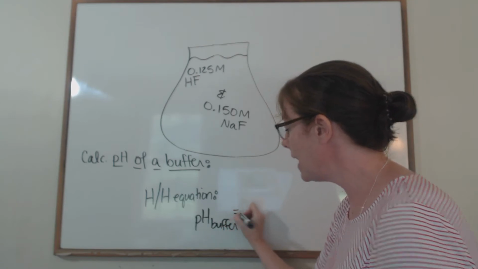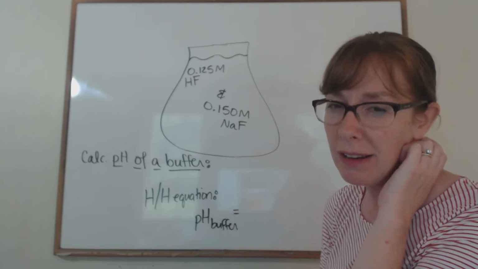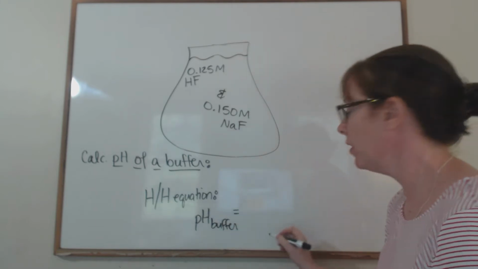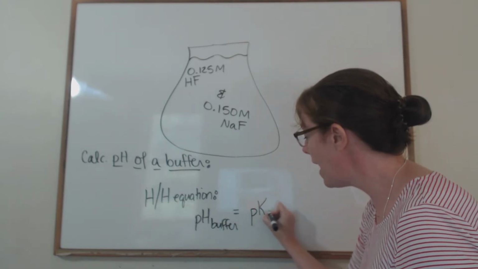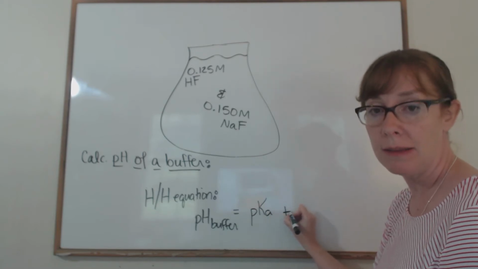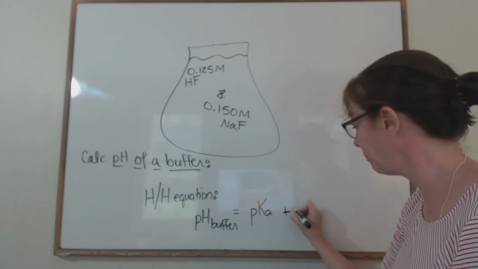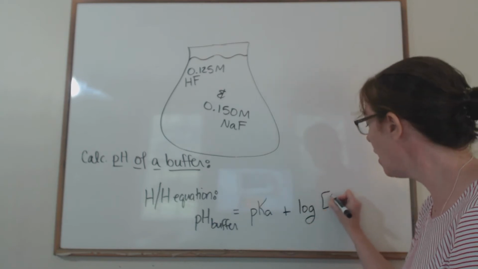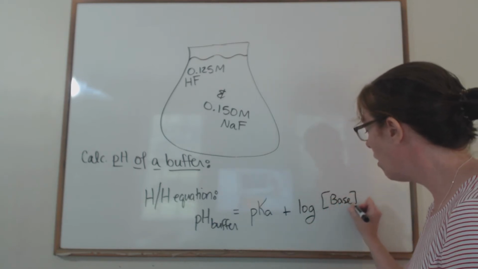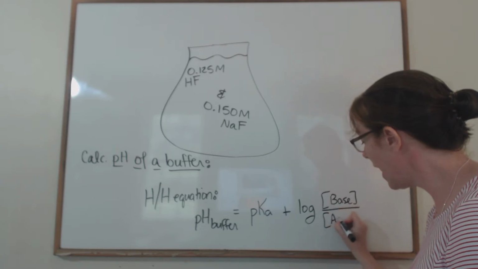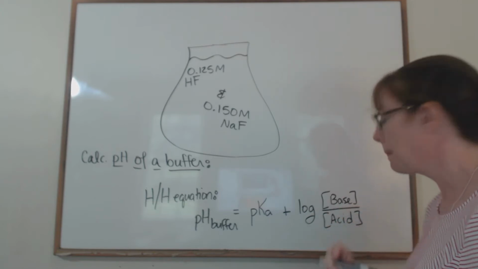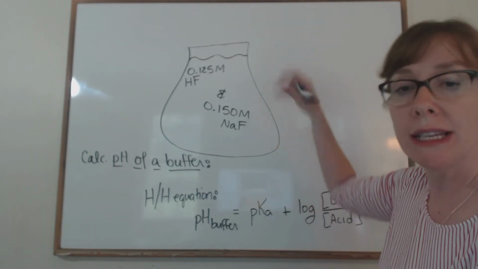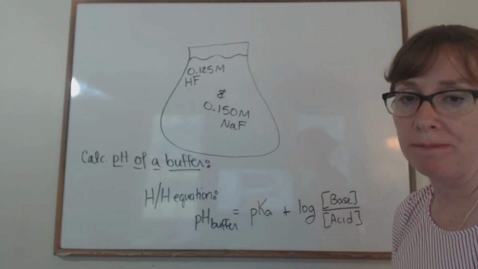I usually write the pH of a buffer, because it's important that you only use this for buffers. The pH of a buffer is equal to the pKa plus, and make sure you use a plus sign here, the log of the concentration of the base over the concentration of the acid. Okay, so that's the Henderson-Hasselbalch equation. Let's go ahead and use it to calculate the pH of this buffer.